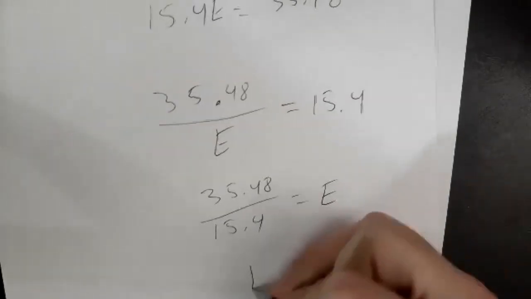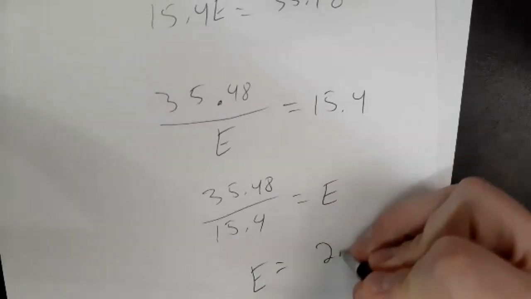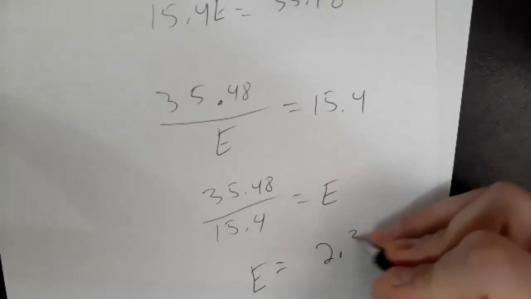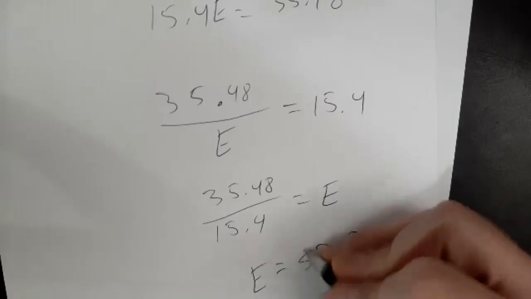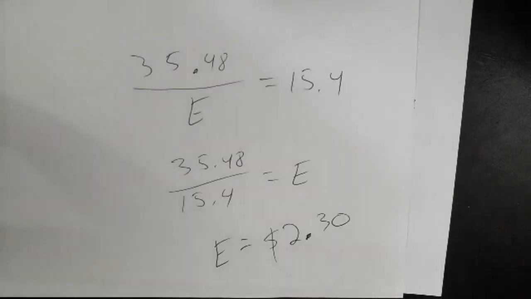But my earnings that I'm getting here should be around 2.30 if I round it. So what it sounds like is that they are earning $2.30 for every share that they have. So that is their earnings per share.